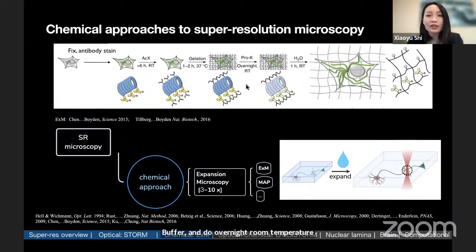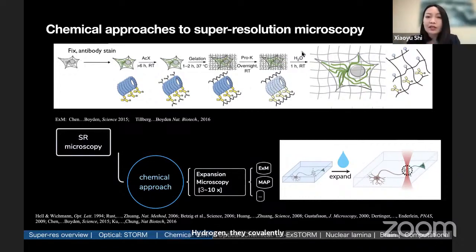The point of this digestion is to break down the protein-protein interactions inside of the cell. So when the time comes for expansion, the neighboring proteins don't hinder each other, because after the proteinase K digestion, the interactions between the neighboring proteins break down, and these proteins are free for expansion together with the hydrogel they covalently cross-link to.